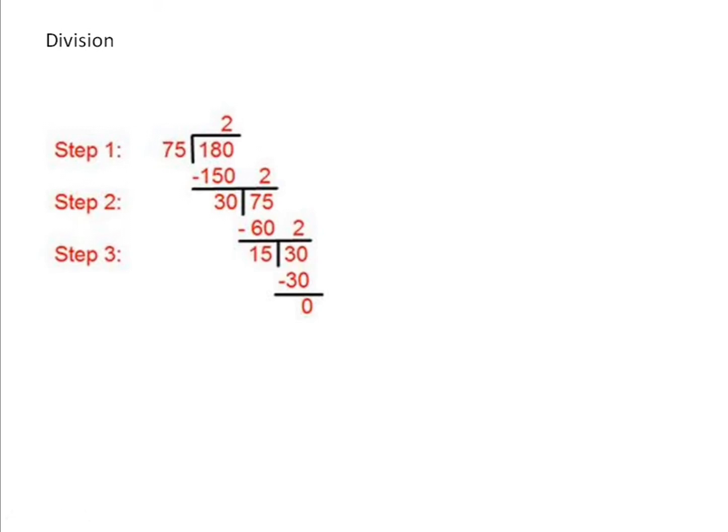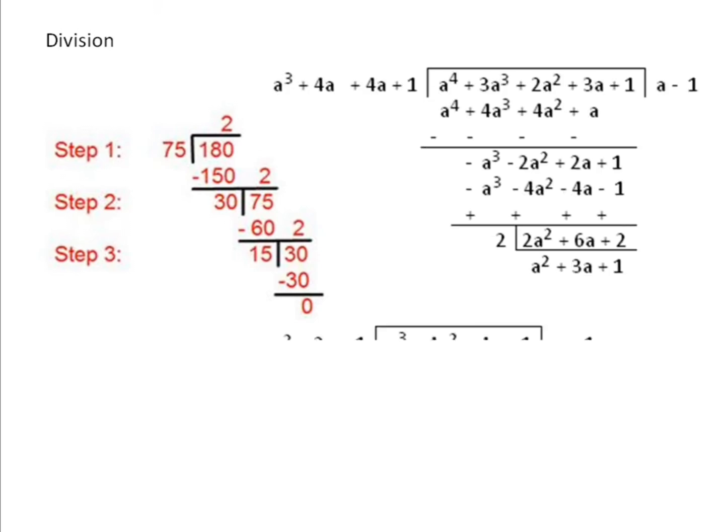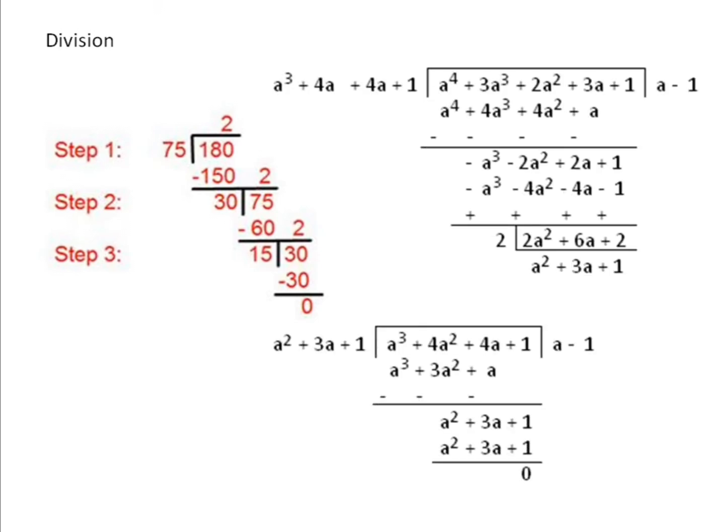Now let us see how it looks when you try to get the highest common factor of two polynomials. Here we are trying to get the highest common factor of a cube plus 4a square plus 4a plus 1, I think this is 4a square, sorry for the typo, and a power 4 plus 3a cube plus 2a square plus 3a plus 1.